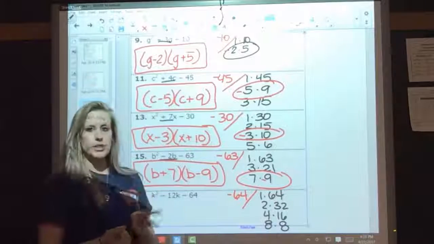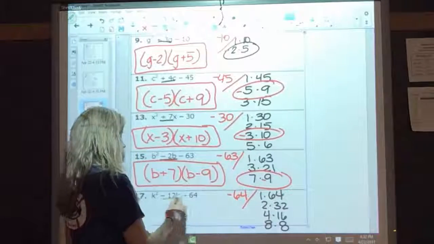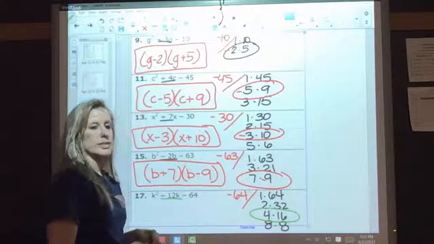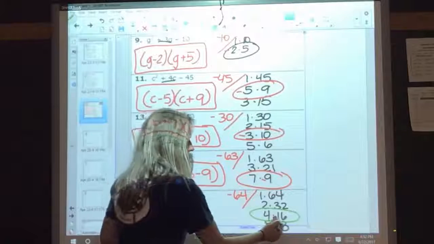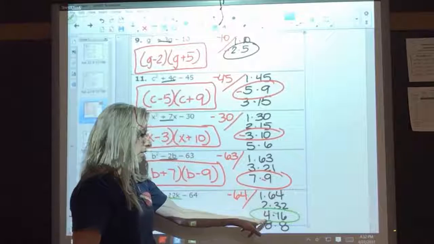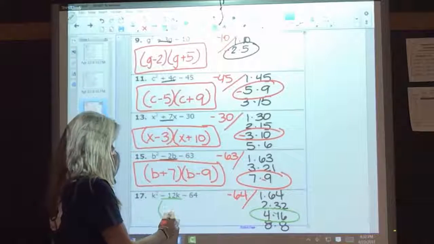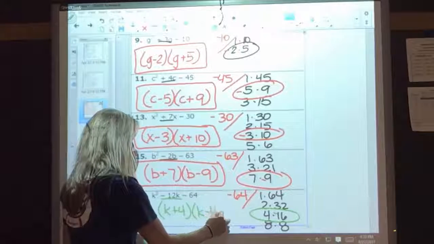Okay, so which two will add or subtract to give you a negative 12? Maybe 4 and 16. So to get a negative 12, your bigger number needs to be negative. So it's going to be positive 4 and negative 16. Okay, so our factors are k plus 4 and k minus 16.